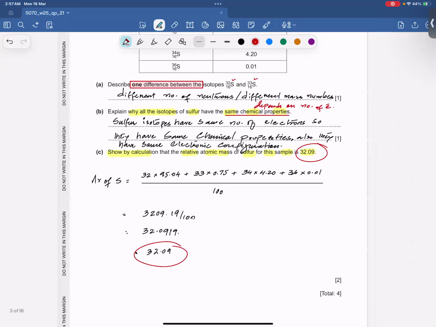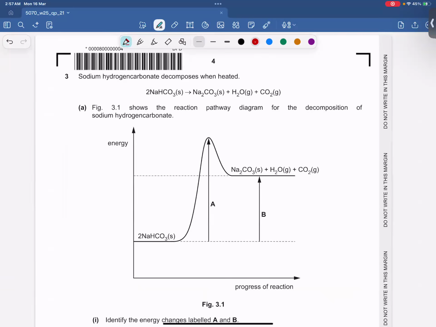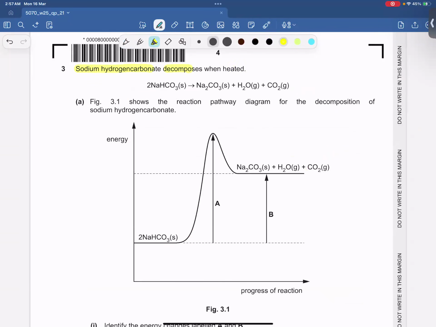Last question is question number 3. Sodium hydrogen carbonate decomposes when heated. Figure 3.1 shows the reaction pathway diagram for the decomposition of sodium hydrogen carbonate. By the way, the energy of the product is higher and the energy of the reactant is lower, which means this reaction is endothermic.